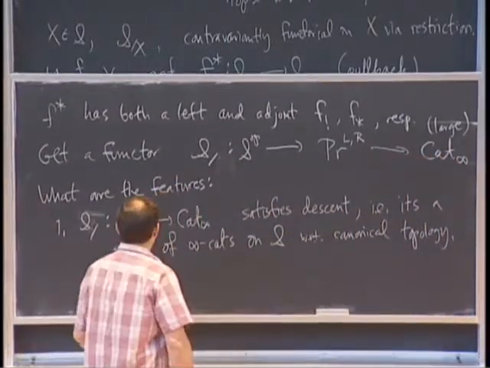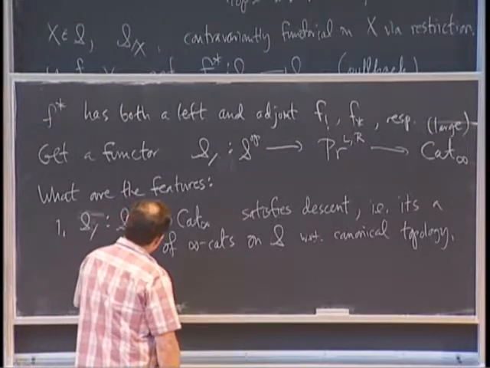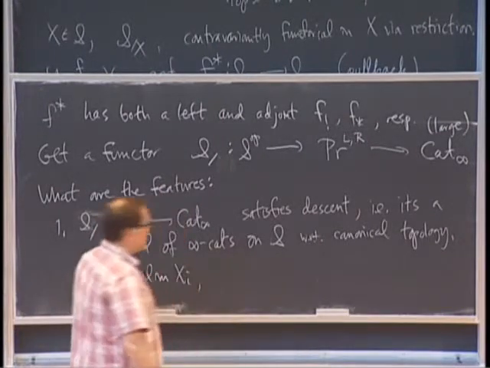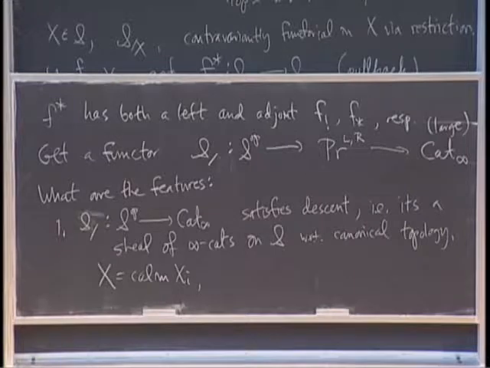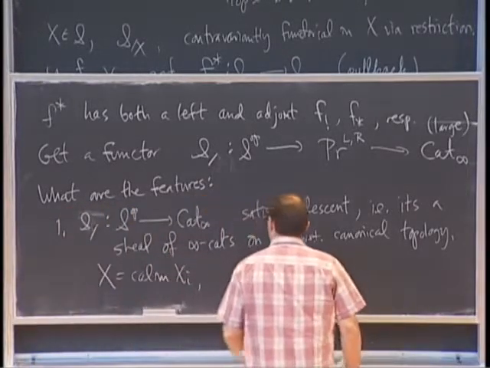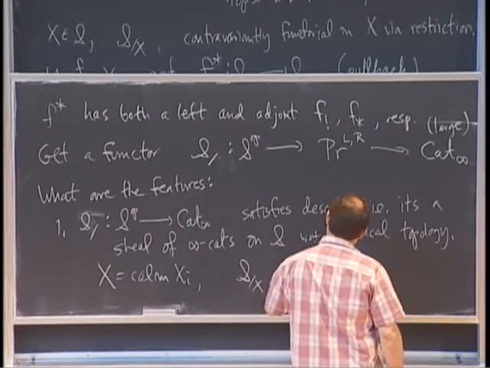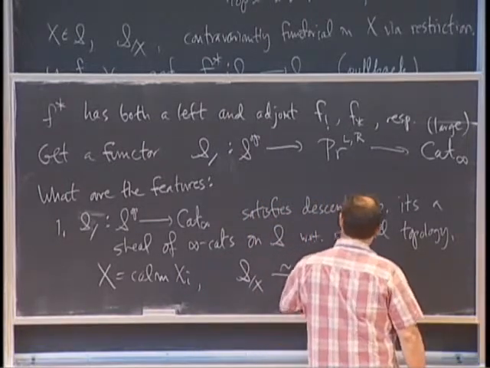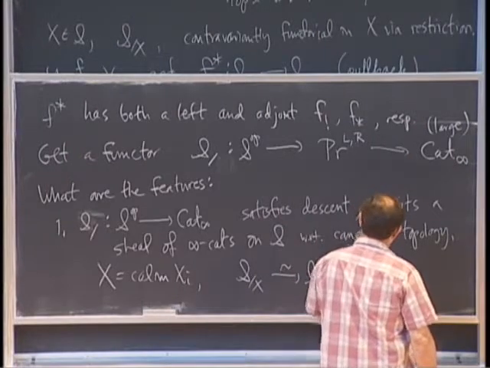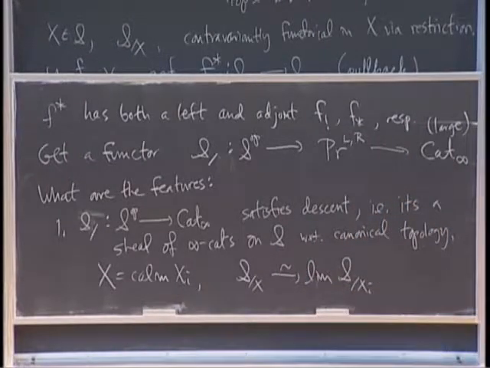In other words, if I have X, and that's written as a colimit of some spaces Xi, and if you're thinking of these as actual spaces, then you want to think of this colimit as being a homotopy colimit, then I get a canonical equivalence S over X to the limit of S over Xi.